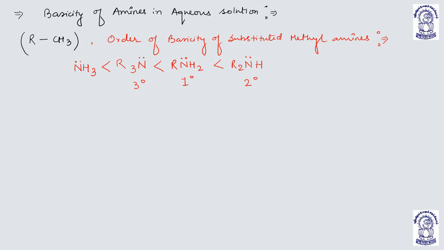Why does this type of order appear in case of basicity? In the gaseous phase, we came to know that the basicity is totally dependent upon inductive effect. But when the compound is with some solvent, there are some more factors which are to be considered. Understood?